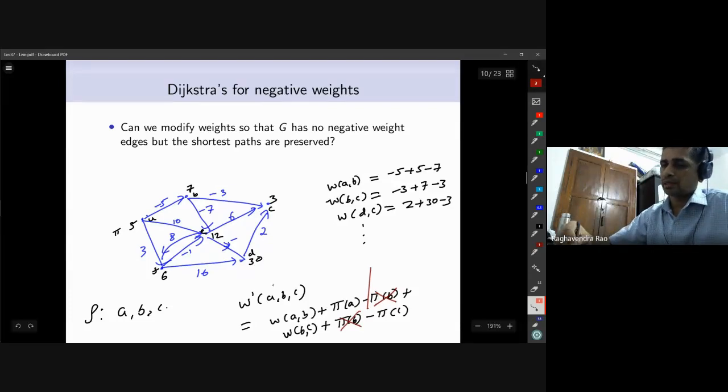In this case it is pi A minus pi C, that is, pi of the source minus pi of the destination. So you take any A to C path.